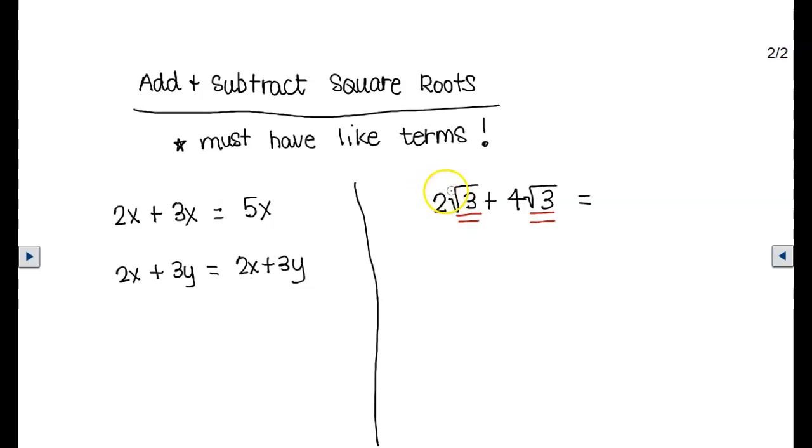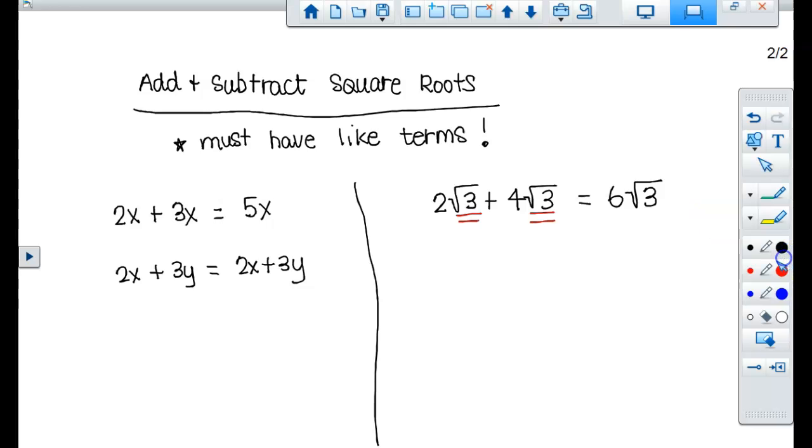I would add 2 plus 4 and get 6, but I wouldn't change the ending. If you have 2 square roots of 3 plus 4 more square roots of 3, then you have a total of 6 square roots of 3. Just like over here, when you have 2 x's plus 3 more x's, you have a total of 5 x's. Notice that we don't change that ending. So 2 square roots of 3 plus 4 more square roots of 3 would be 6 square roots of 3.